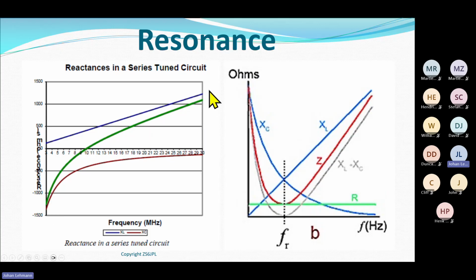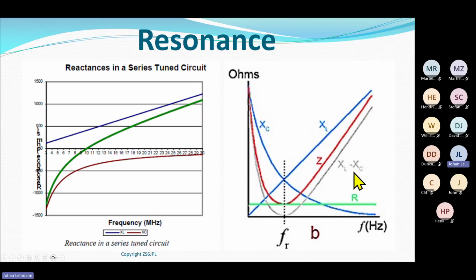The other thing to consider when you do radio circuits: the green line represents the impedance of my circuit. If I'm below the resonant point of my resonant circuit, my circuit will be capacitive. If I'm above the resonant frequency of my resonant circuit, my circuit is going to be inductive.